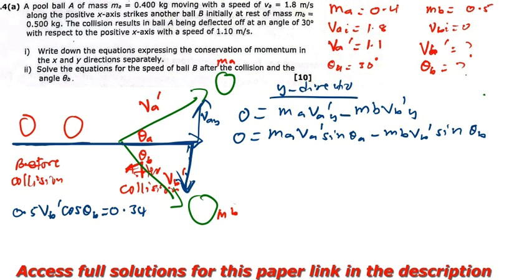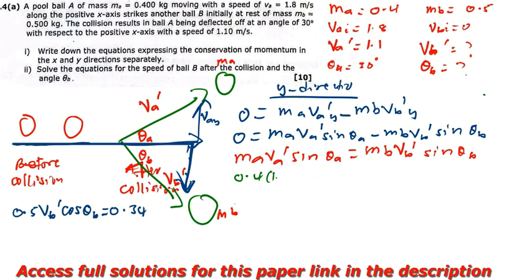So shift one of these guys to the other side. You can shift any. So it is going to be MA VA prime sine theta A being equal to MB VB prime sine theta B, like that. Now at this point I can plug in the values. MA is 0.4, VA final is 1.1, then sine the angle is 30, being equal to, this is 0.5.